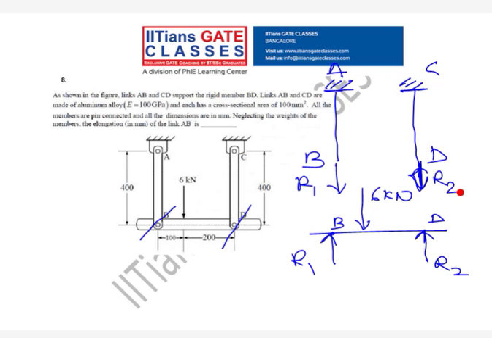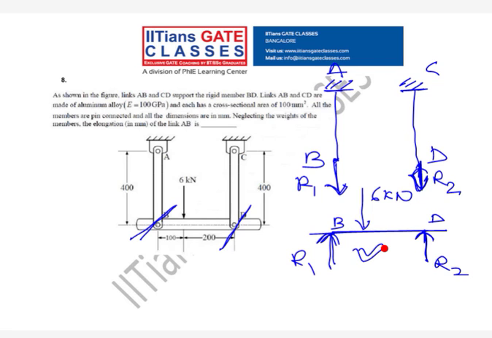Is this clear, guys? What I did, I made a cut and drew the free body. When you apply a reaction upward at one place, of course for balance there will be an opposite downward force. Now we can solve this.